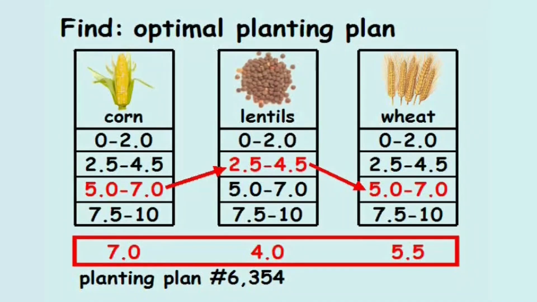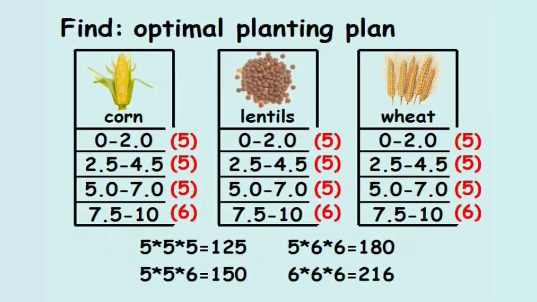With 9,261 trials sorted into 64 ranges, each combination of ranges for corn, lentils, and wheat will include either 125, 150, 180, or 216 unique planting plans.